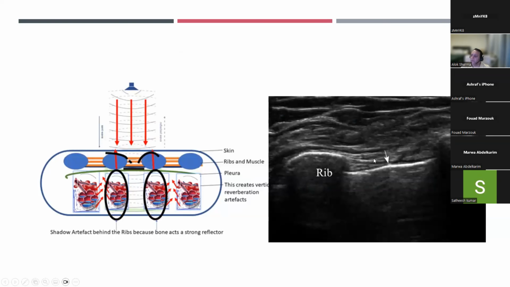So the A lines are because of the interaction of sound waves with the level of the pleura. When they interact with the pleura, naturally they cause the pleura to shake. Now, if anything shakes, it's also going to produce sound waves. Those sound waves are then going to propagate in.